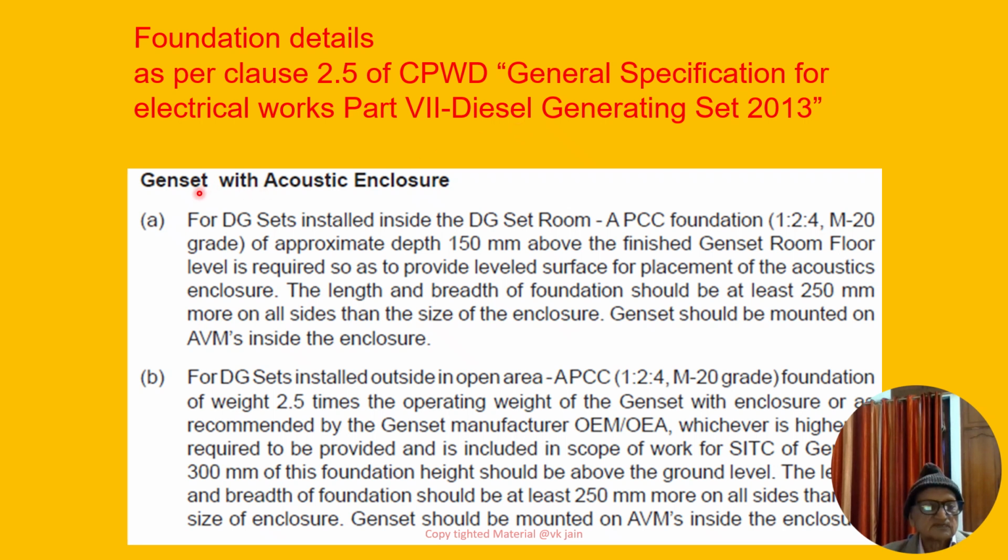It says, for a generating set with acoustic enclosure for a DG set installed inside the DG room, a PCC foundation of cement concrete ratio 1:2:4, M20 grade, of approximately 150 mm depth above the finished generator room floor level is required so as to provide a leveled surface for placement of the acoustic enclosure.